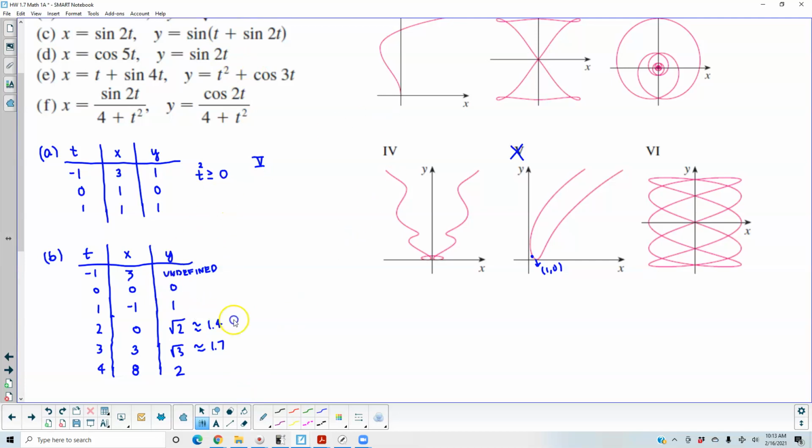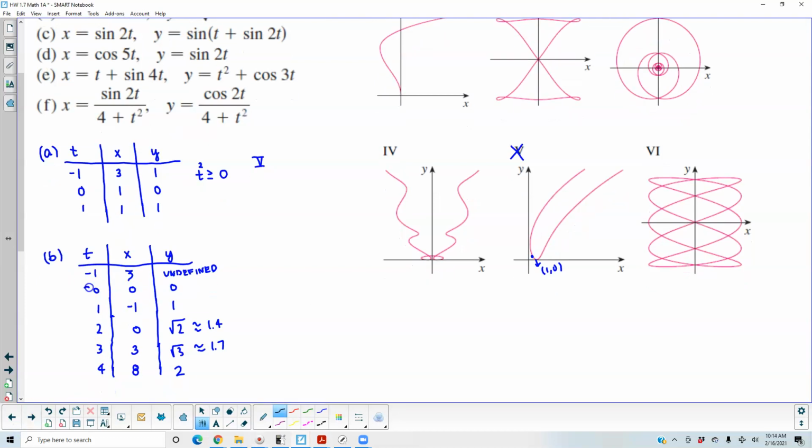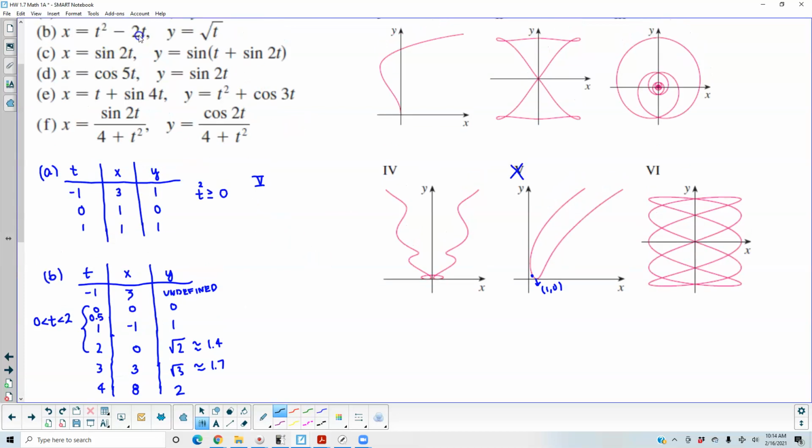So when we're putting in these values for 0, 1, 2, 3, from negative 1 to 4, it looks like between 0 and 2, we know that x is negative. So let's say we put in 0.5 into that function.